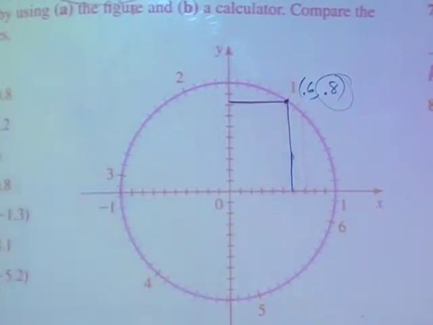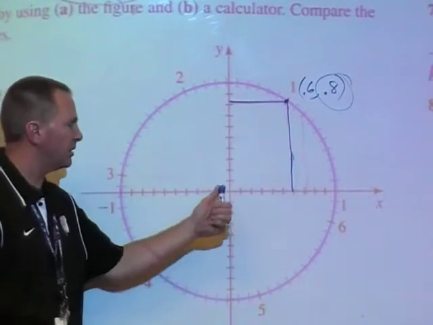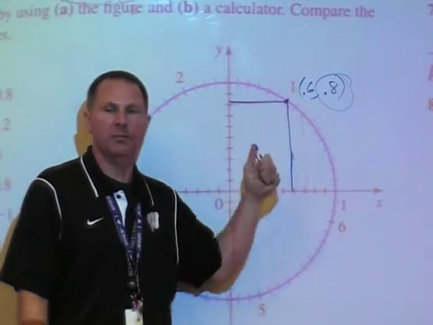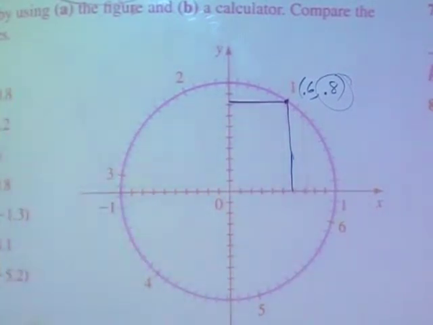Let's use our calculators. Now what are we finding? Are we finding the sine of a degree? No, we're finding the radian measure. So everybody turn your calculators on. Hit mode.